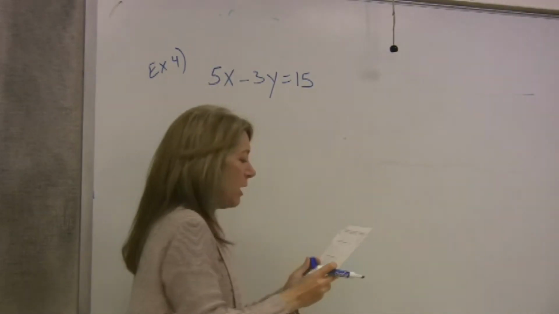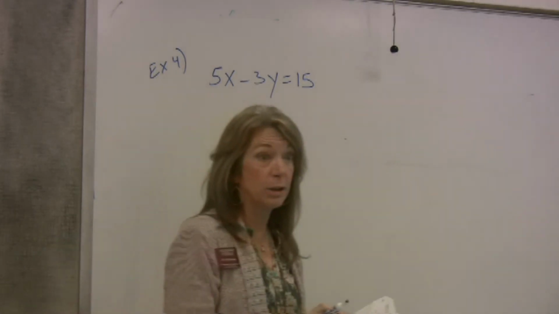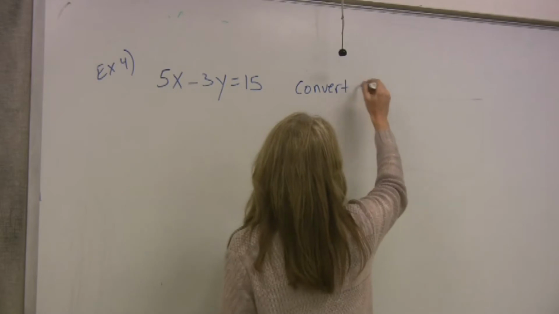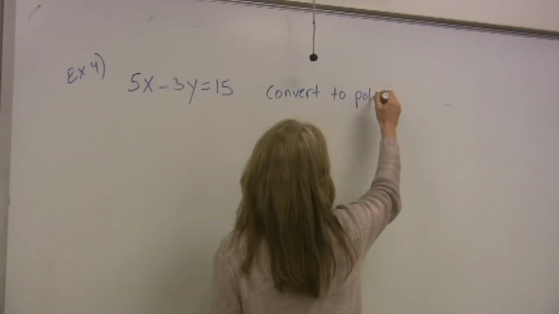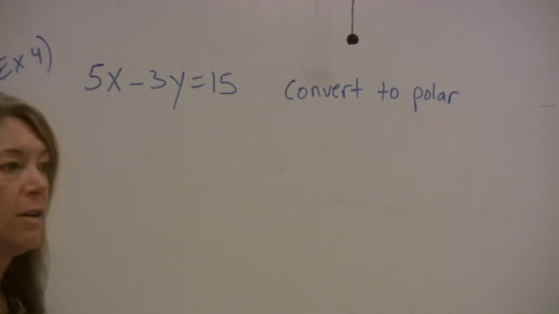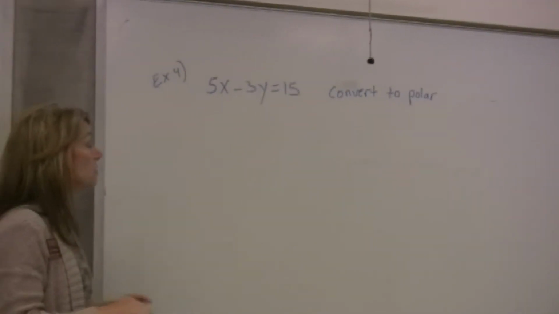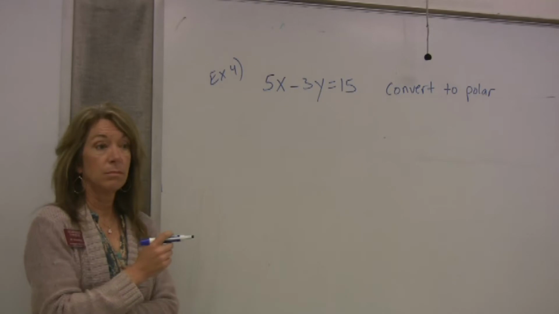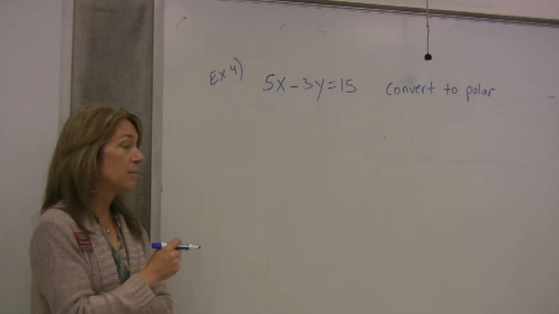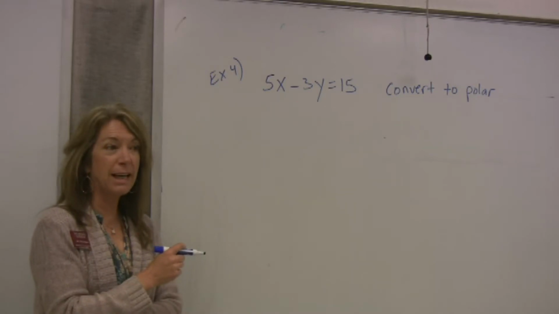It's the equation of a line, and we want to convert that into polar. I want to change it so it has r's and thetas in it, instead of x's and y's. I just erased my formulas, darn it, I can't point to them.